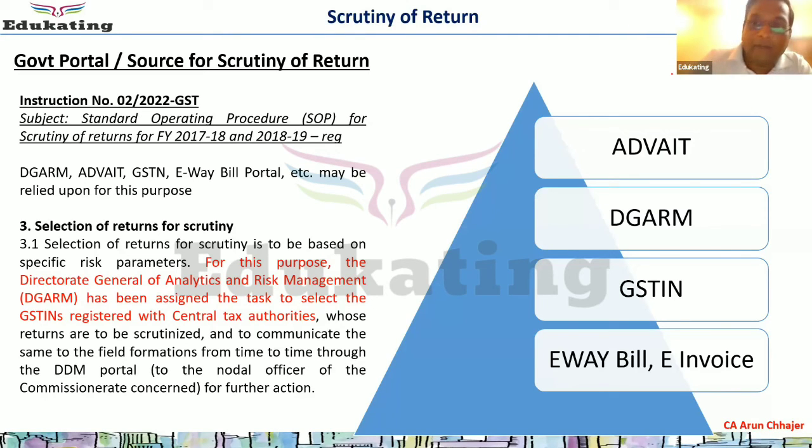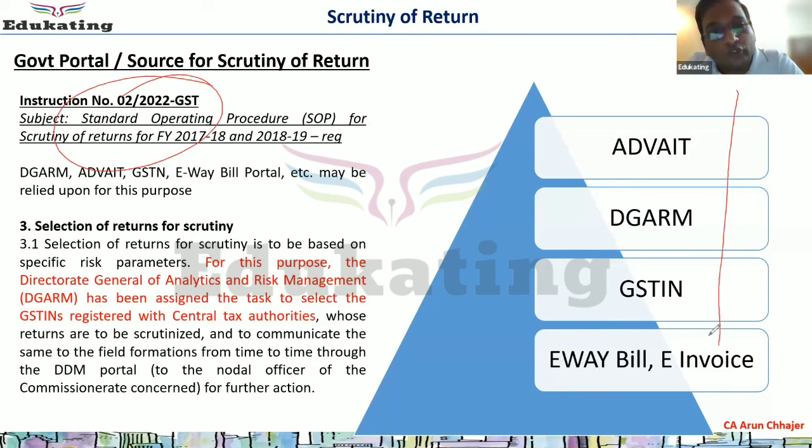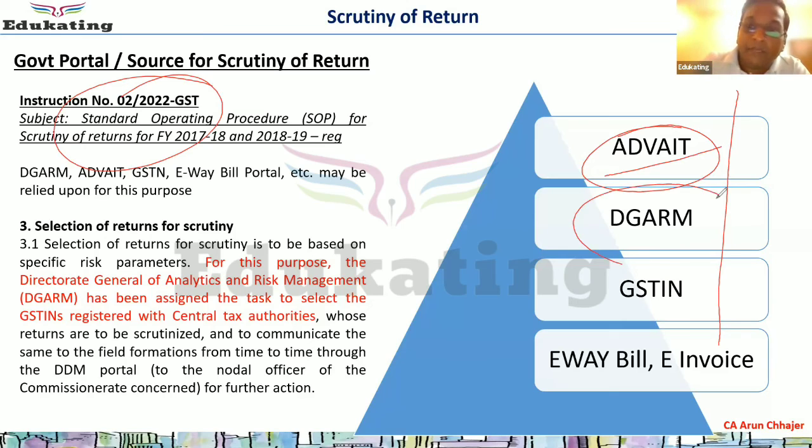As per instruction number 2 of CBIC, the government is using certain software, like ADVAIT, which is the biggest software, and the same with DGARM. What is DGARM? Director General of Analytical and Risk Management. They are using certain risk-based parameters. ADVAIT is giving multiple mismatch reports.